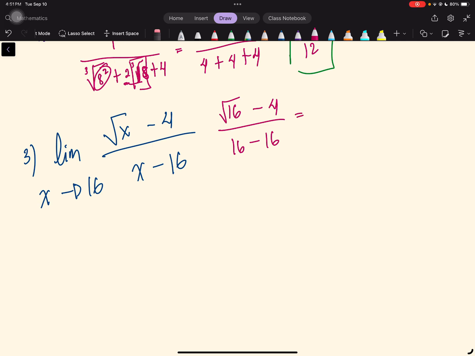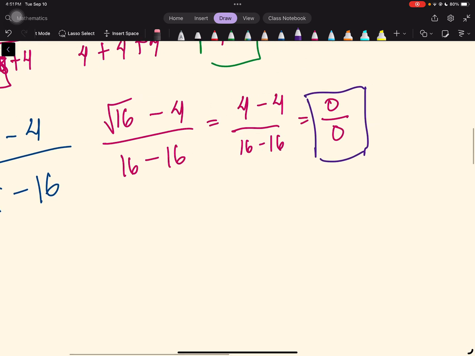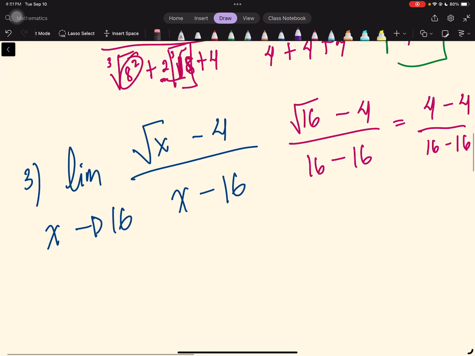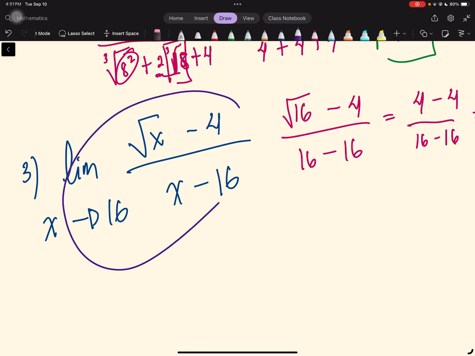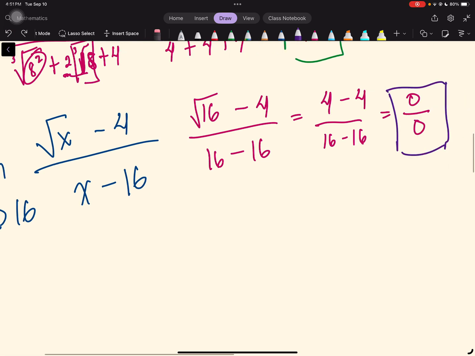As you can see, the square root of 16 is 4, minus 4. And then we have 16 minus 16. And then boom! What do we have here? We have an indeterminate. Again, an indeterminate form gives you a clue that you can simplify your bad boy problem further. Okay?